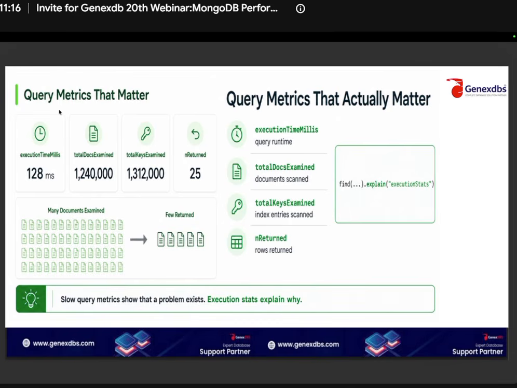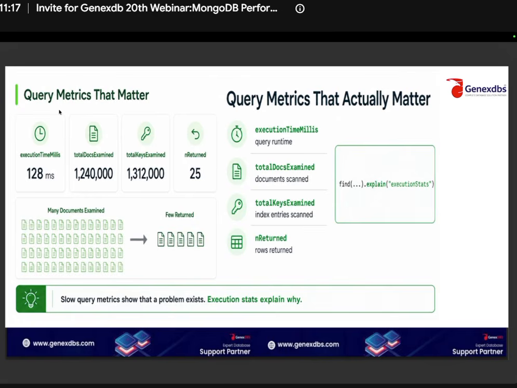Here, executionTimeMillis means how long a query takes to execute. Whenever there is a higher execution time, it indicates that there may be missing indexes, large document scans, or inefficient execution plans.